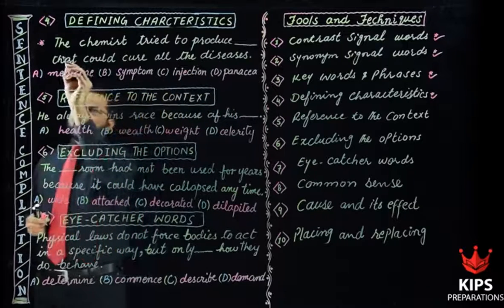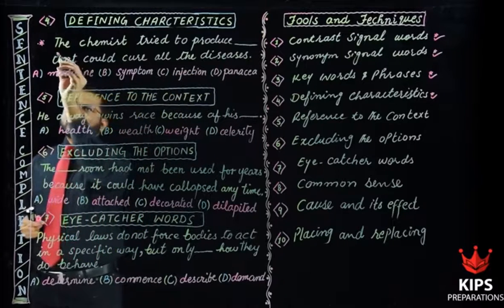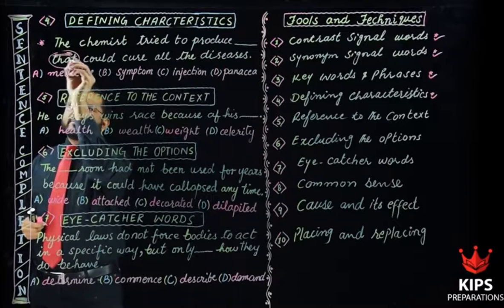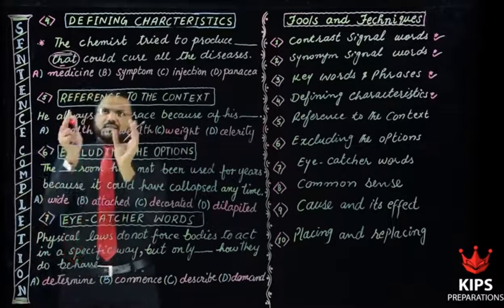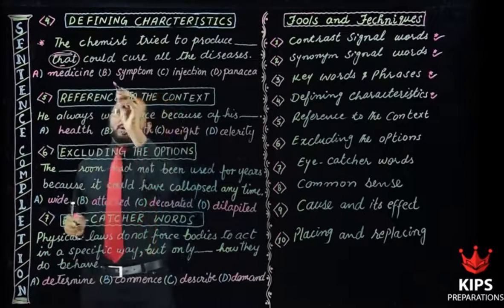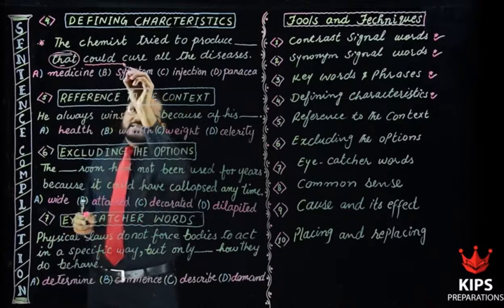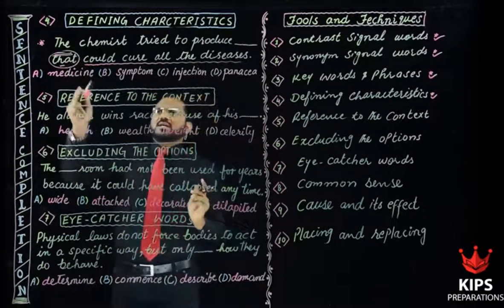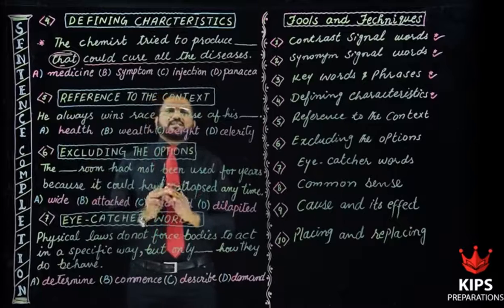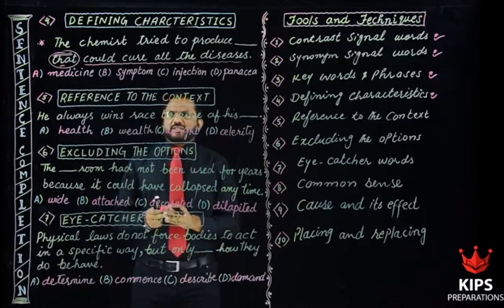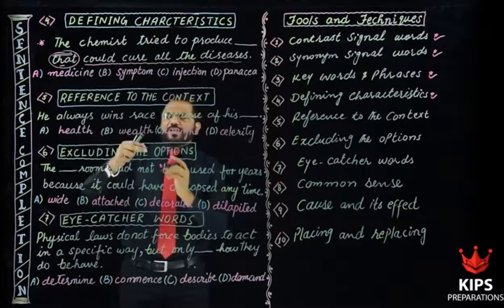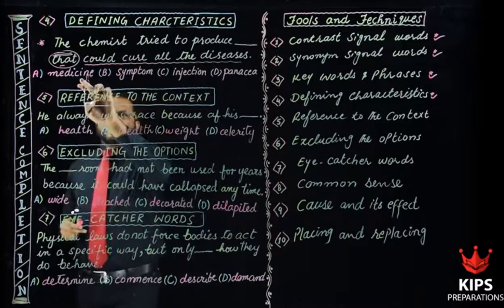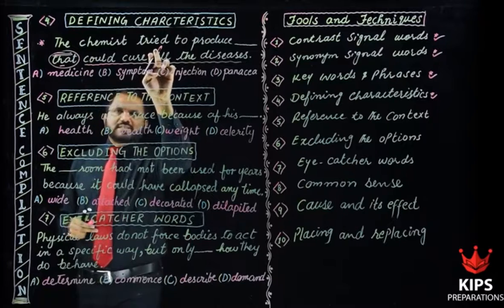Now, this, that, who, these are defining markers. The word, phrase or clause written after "that" is the definition of the word that precedes this, that. Now, the definition is that could cure all the diseases. Now, try every option. Is there any medicine that could cure all the diseases?